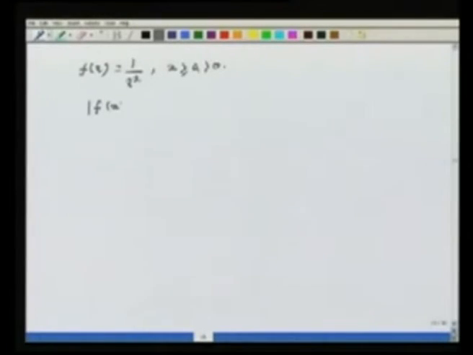So I look at mod of f(x) minus f(y), that is mod of x minus y into mod of x plus y divided by x square into y square.